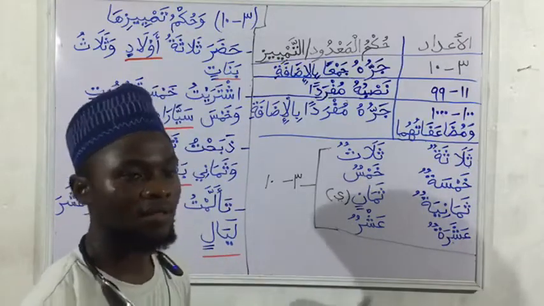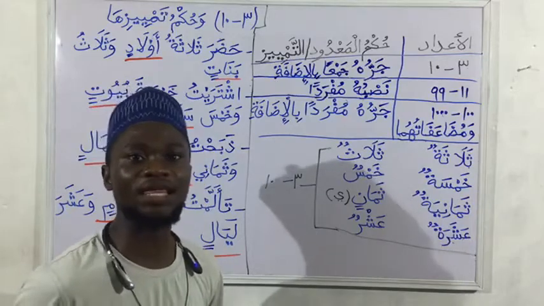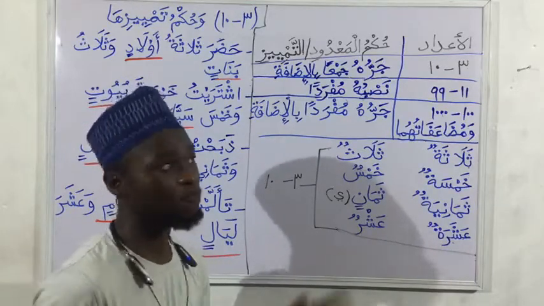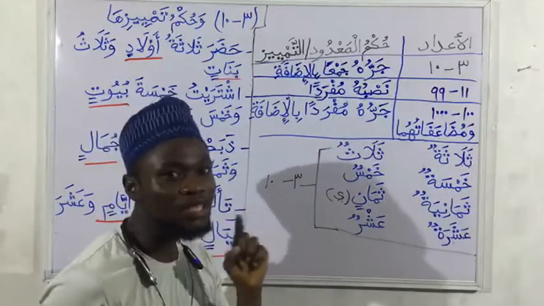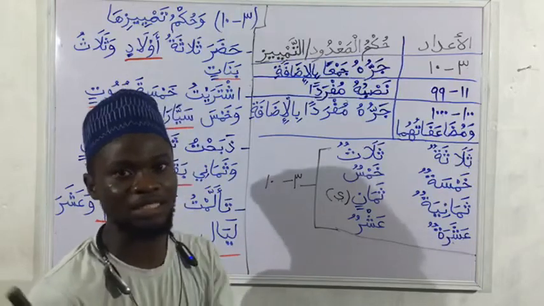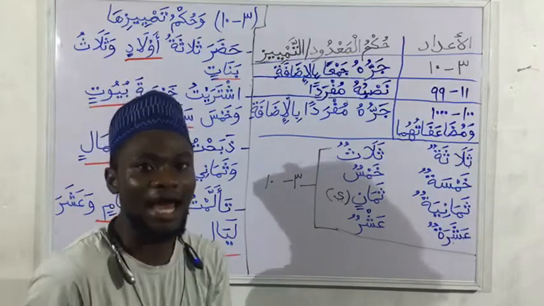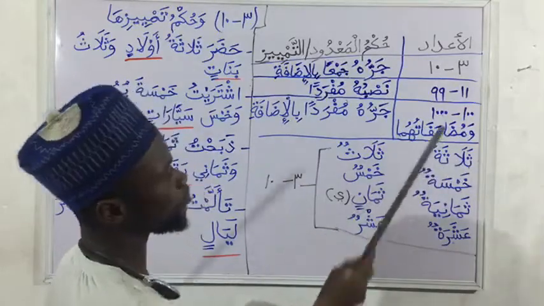For example, when you want to say 3 boys, you won't say thalathu awladin. Don't forget the rule, jaruhu jam'an. You will not say thalathu awladin because it is a boy, so it has to be masculine. No, it will be the opposite. So thalathatu awladin.